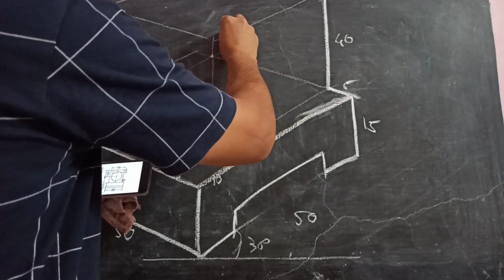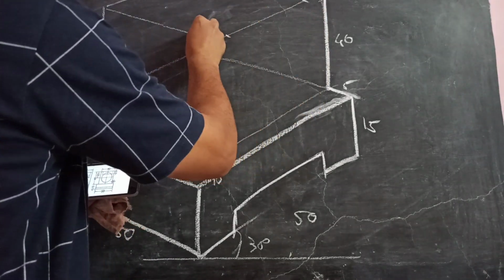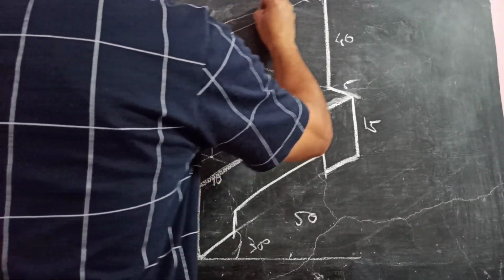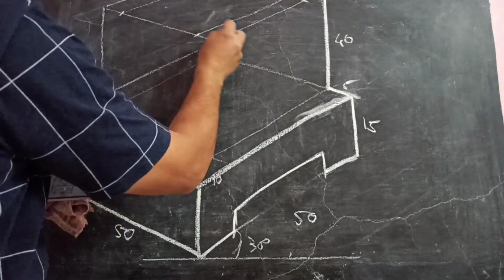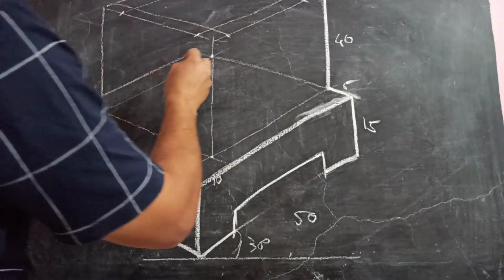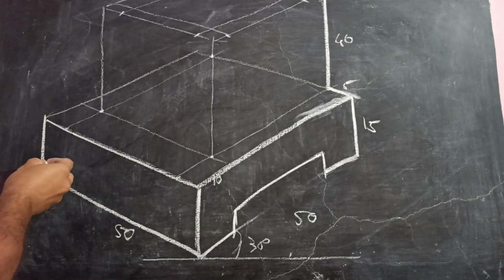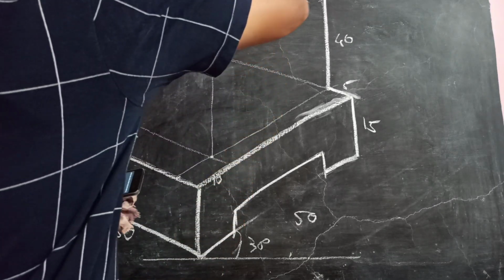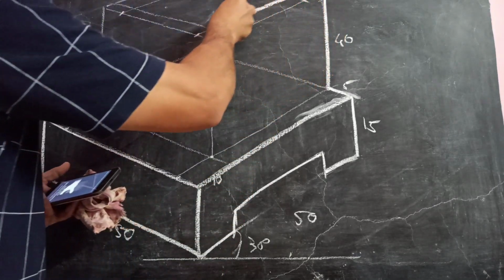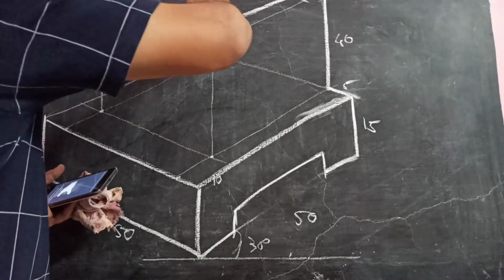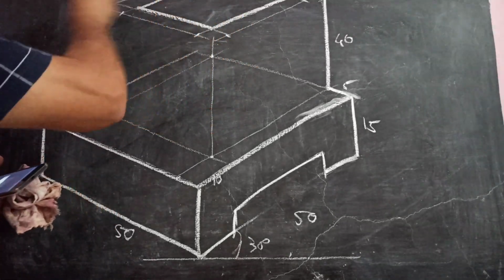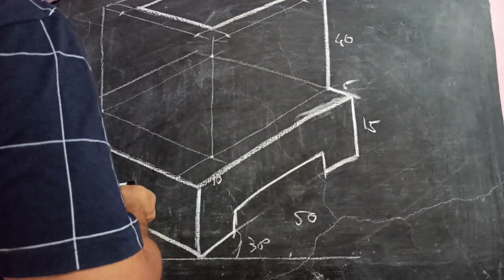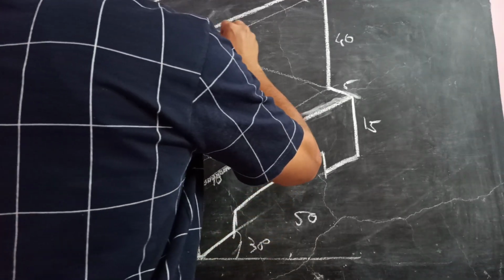If you leave 5, 5, 5 and 5 from all sides and draw lines parallel to this, we can have this particular square hole as 30 by 30. This is 40 by 40. So you can make it dark.